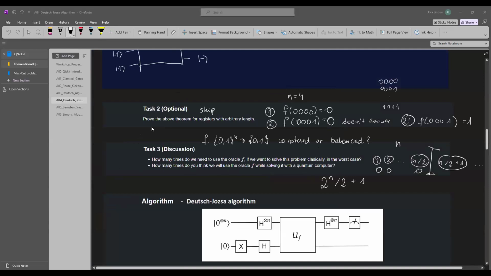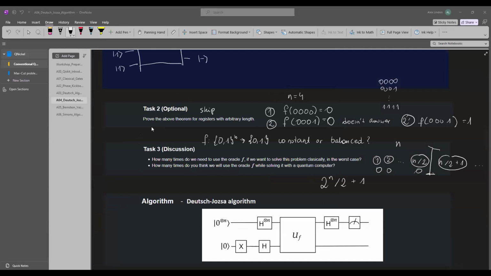How many times do we think we'll use the Oracle F while solving it on a quantum computer? I would like to hear 3 guesses, which can be completely just based on your intuition, or think of it as betting on how good a quantum computer is.